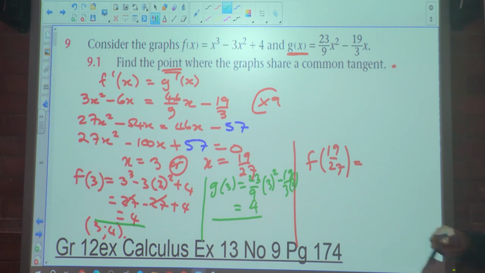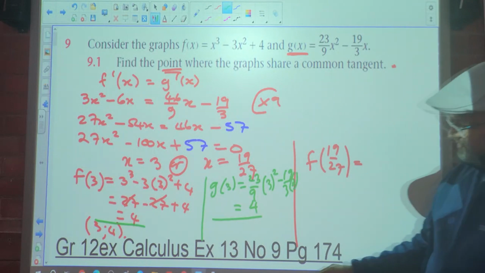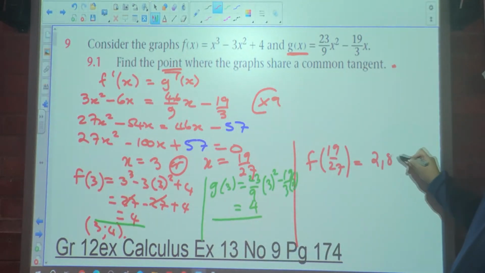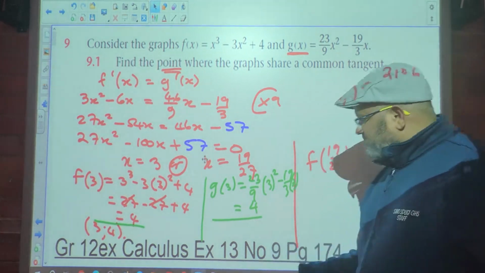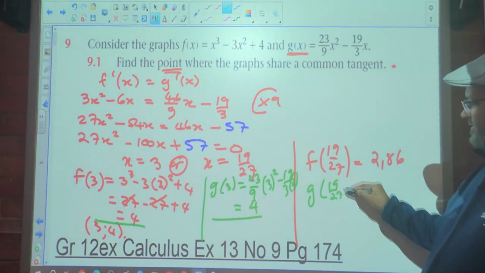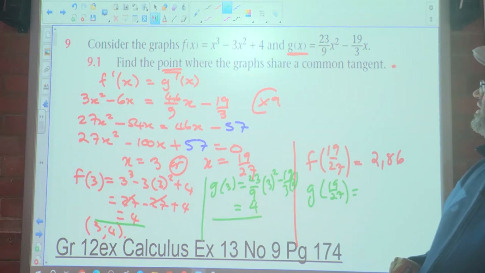Not so. On this side, this gave you an answer of? 2,86. So now you do the same as we did here, but for g of 19 over 27. But I still have a problem with this now.